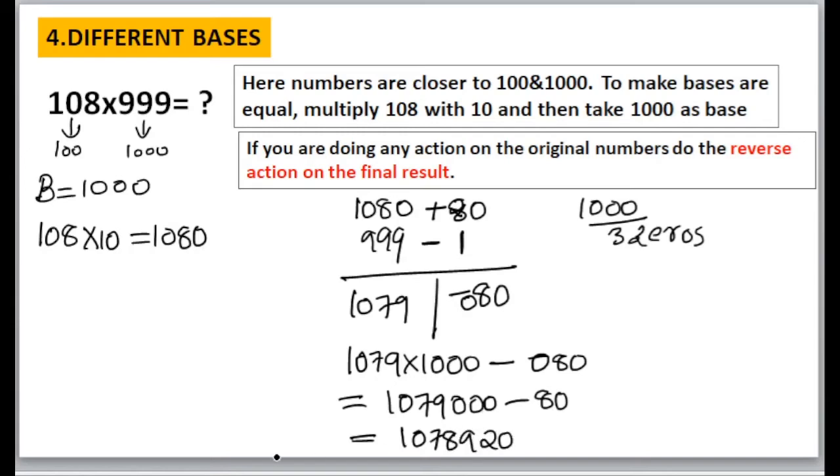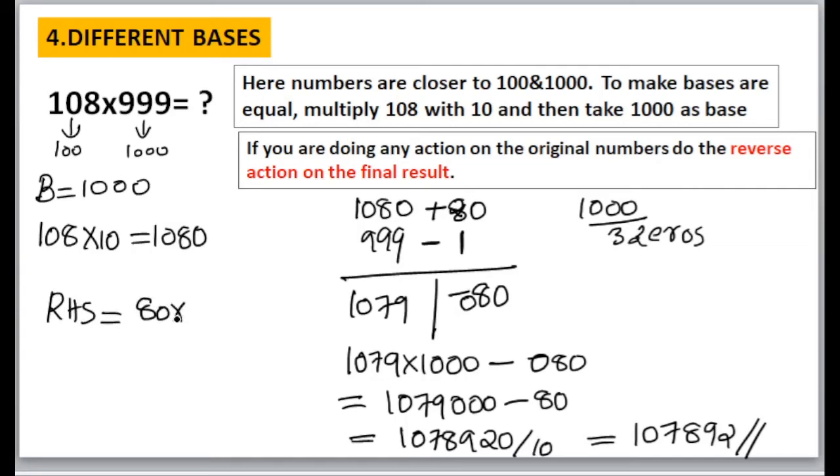But you have to divide it with 10 in order to get the answer. That is 107,892. This is your answer. Your RHS is 80 into minus 1 and your LHS is 1080 minus 1.